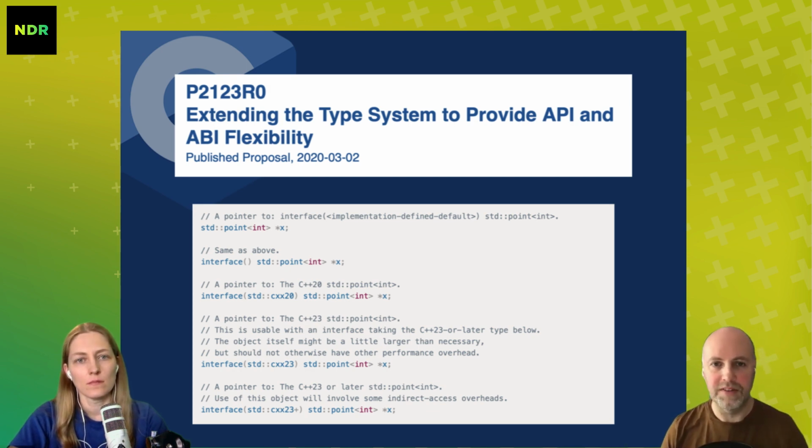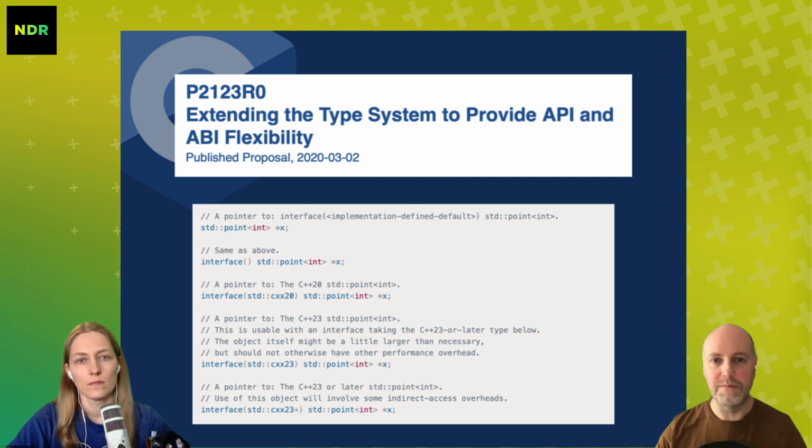And then later you might want to say, well, I want to add a data member, and that's going to change things, or add a virtual function, which will also change the ABI compatibility. You could put that inside a different tagged interface block. And then as a user or consumer of that type, you can say, I only want version 1 of this because I'm dealing with some legacy library that was built with C++20 or C++23.